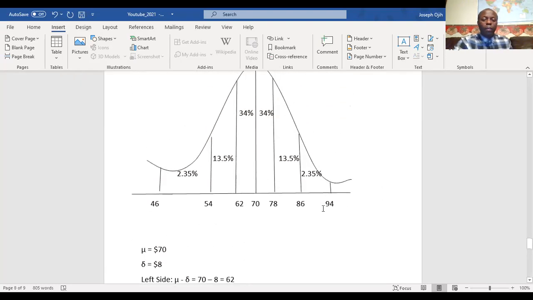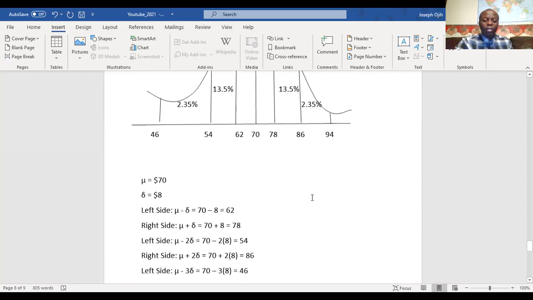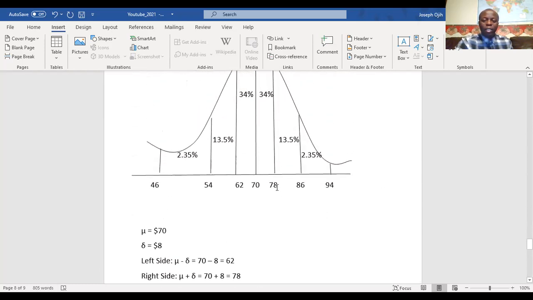Look at 78 right here. You see right here, this is 94. If I go from here to here, it's 13.5% plus 2.35%. So this is from 78 to 94. 13.5% for 78, 2.35% for 94.